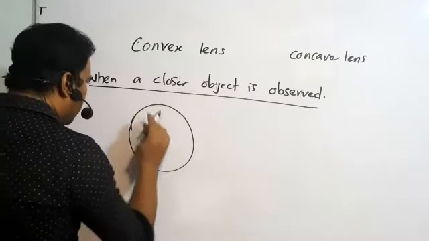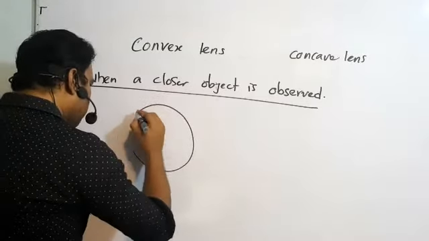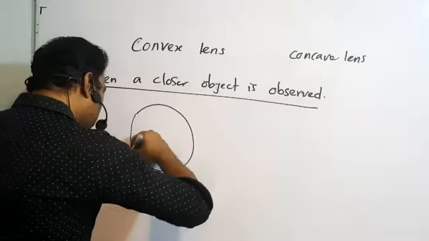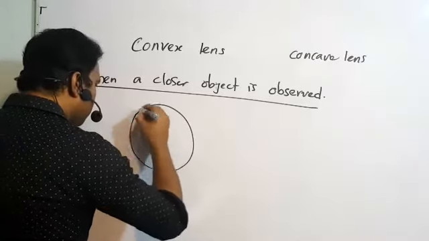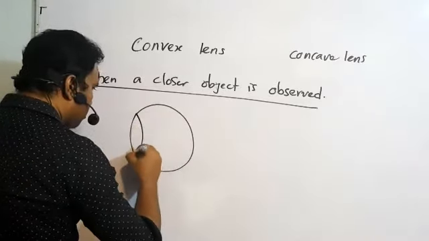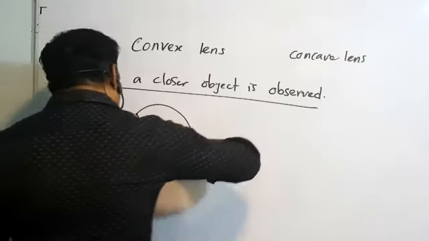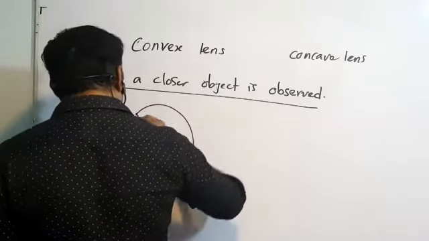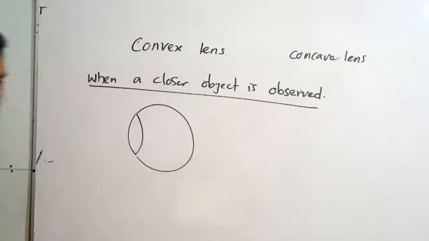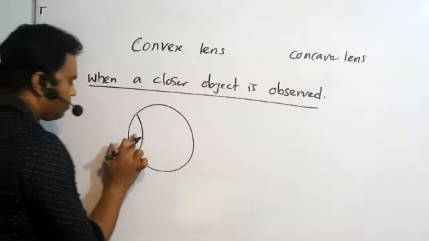This is the eyeball. As I mentioned earlier, we show only the eye lens and eyeball. So this is the eye lens.